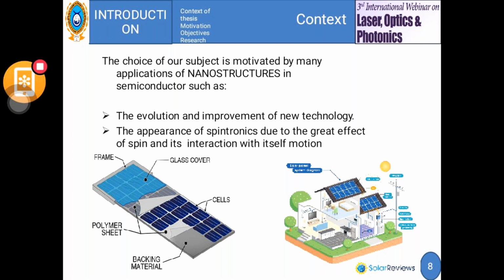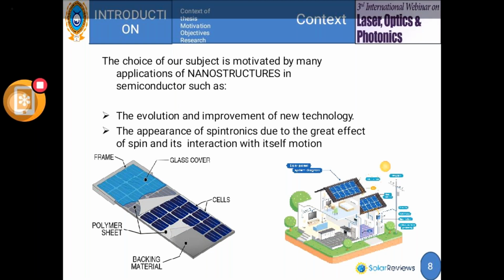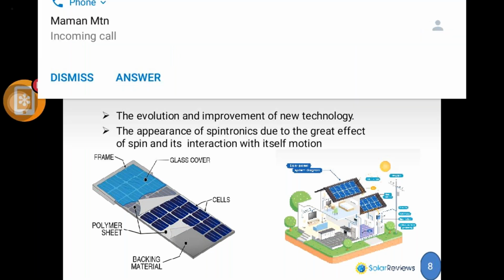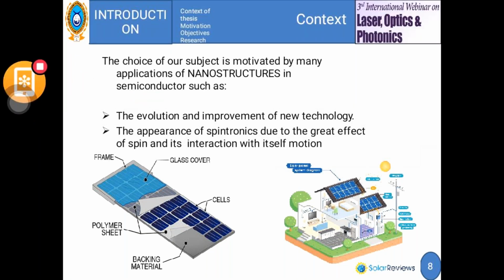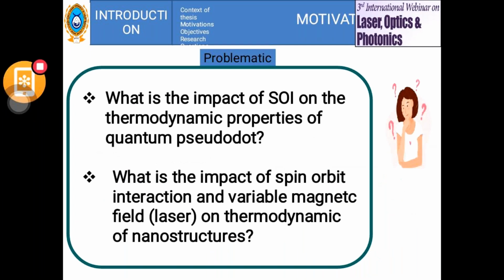Since the spin has the capacity to create more accessible states, we also think that we can take into account those spins, and this can help us to increase the efficiency of solar panels in order to use them in our houses and also in some industries. The next step now is our problematic.